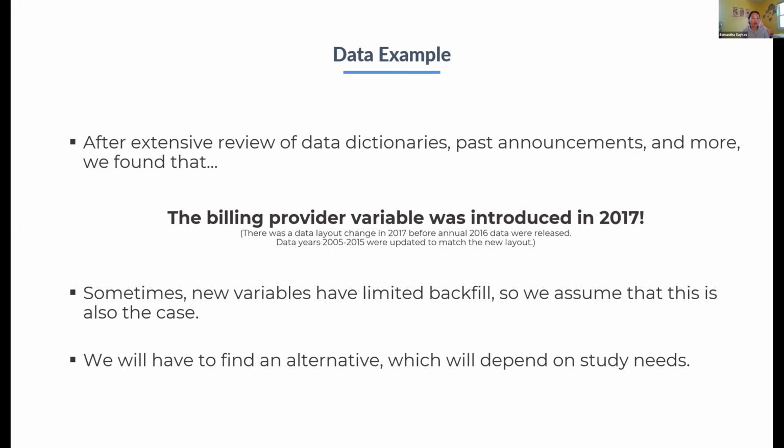And so the data files from 2005 to 2015, excuse me, were updated to match the new layout. In these circumstances, we sort of figure that sometimes there are limited backfill. So that's what we're sort of assuming is the case going on here. So with that in mind, we'll have to find an alternative, but which alternative will depend on what your study needs.